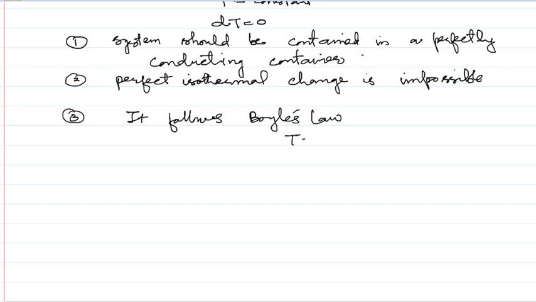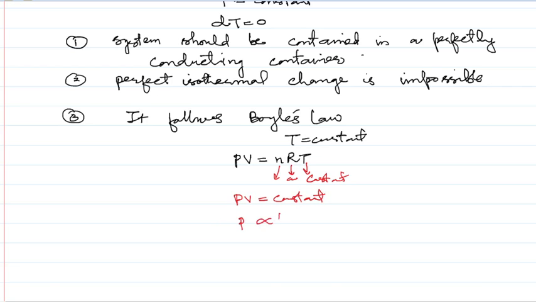If temperature is constant, that means if we have the ideal gas equation PV equal to nRT, and the temperature is constant, R is the gas constant, which is also constant, and n is the number of moles, that means PV will be simply equal to constant. Which is basically Boyle's law, or you can say P is inversely proportional to V.